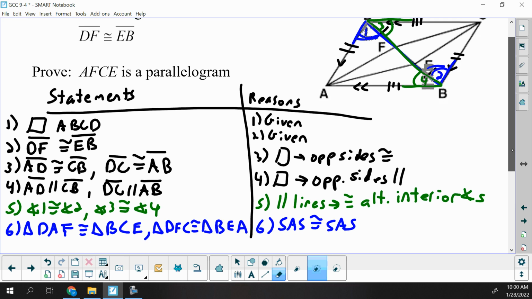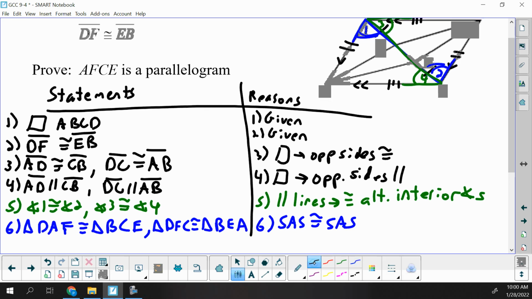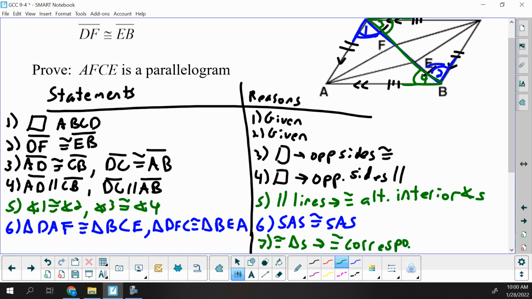Well, just like we've seen in the other proofs on this video, after you get the triangles congruent, we'll do our congruent triangles implies congruent corresponding parts. And the purpose of this is to get other things in the triangles that will help us get AFCE to be a parallelogram.